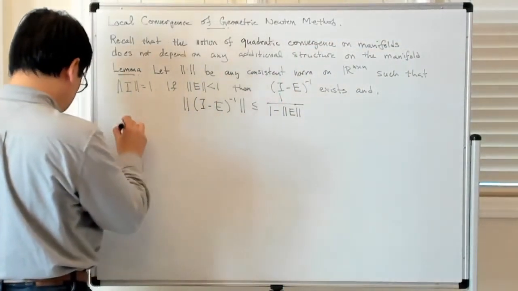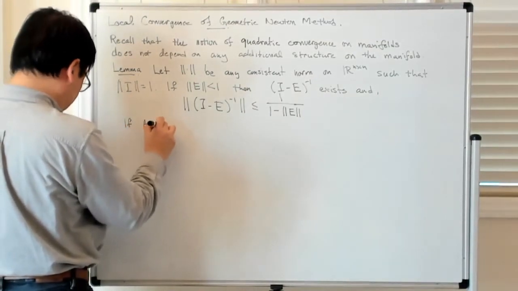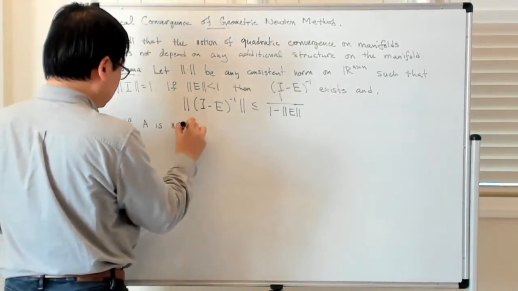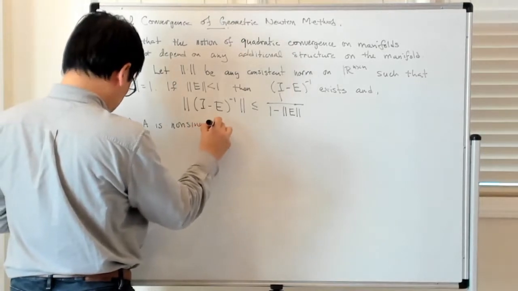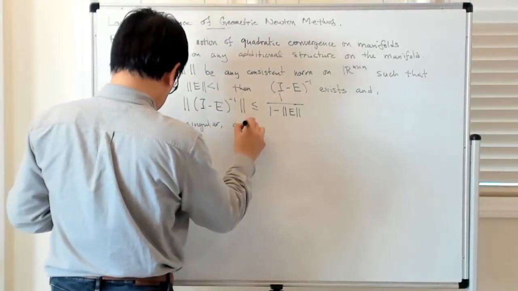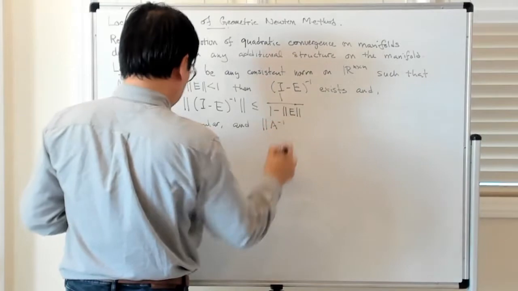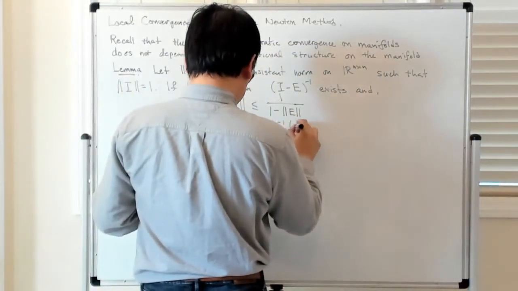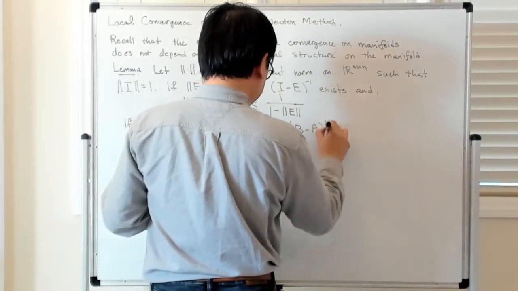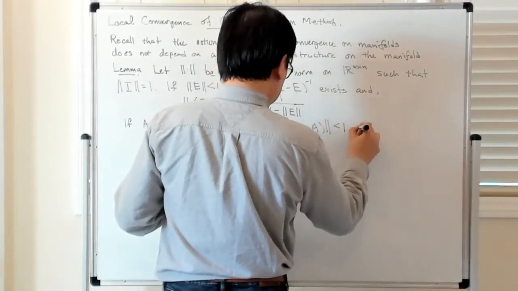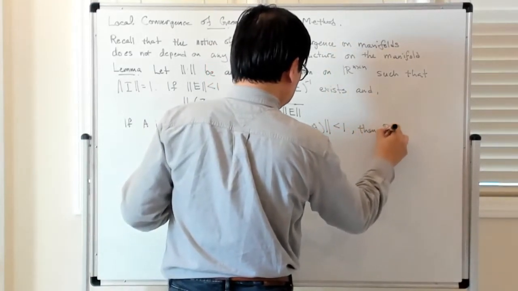So if A is non-singular and the norm of A inverse acting on B minus A is less than 1, then B is non-singular.